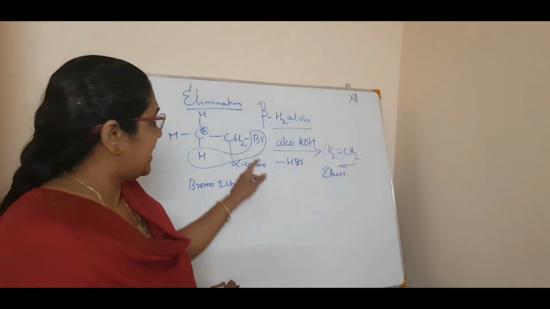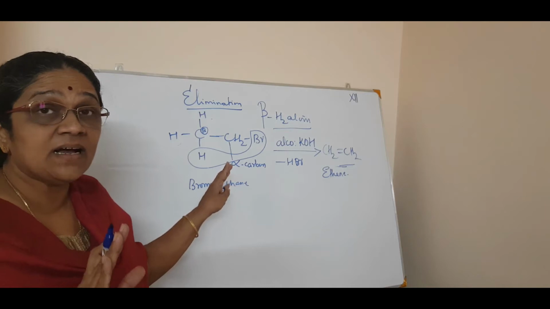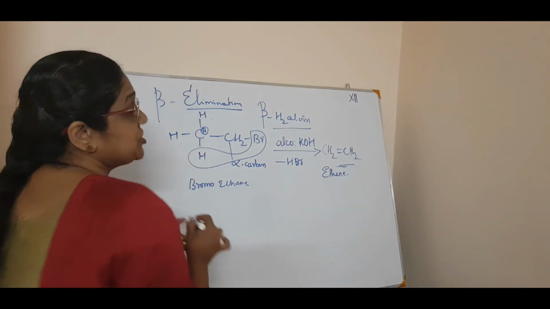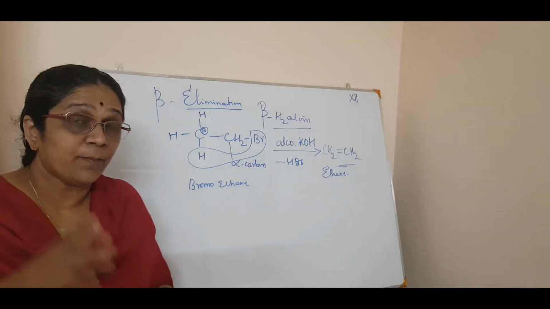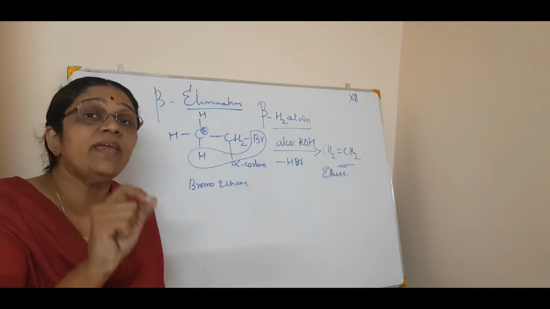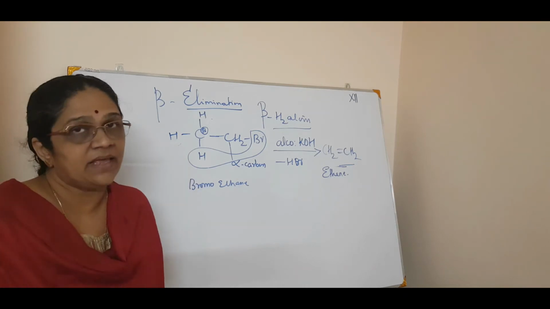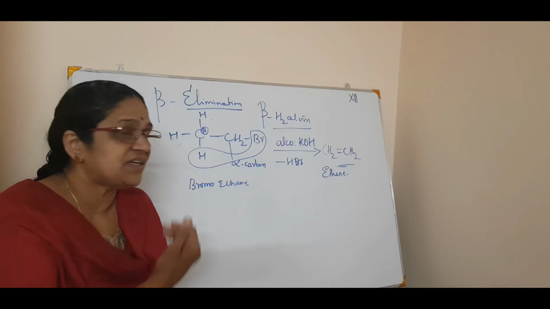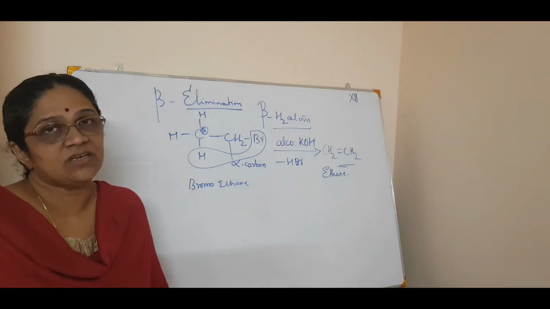So, this is called simply beta elimination reaction. Why are you pronouncing the beta there? Because you have to understand that there should be a beta hydrogen atom there. Then only you can give this reaction due to alcoholic KOH.